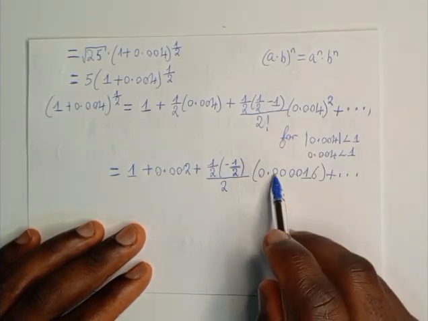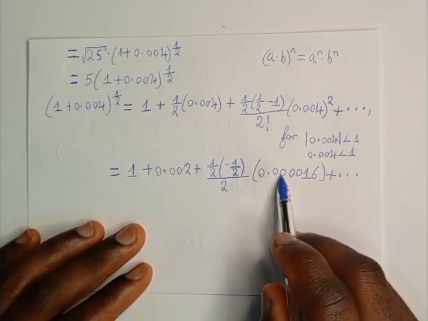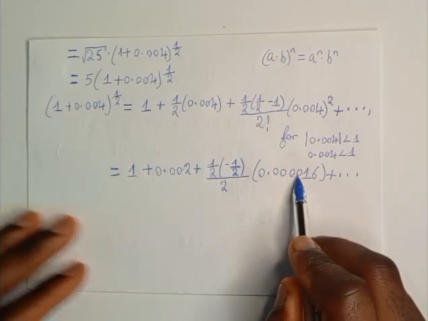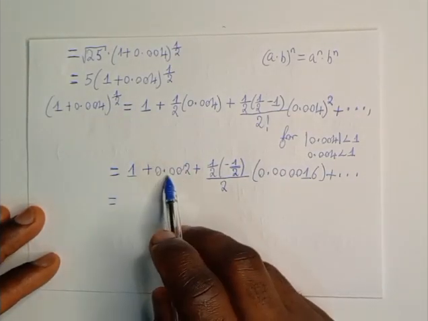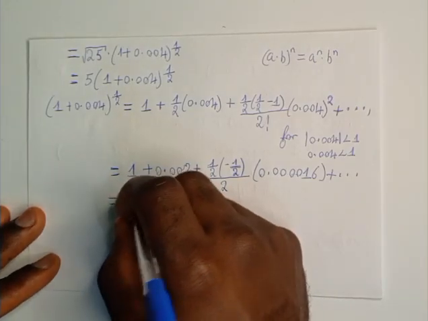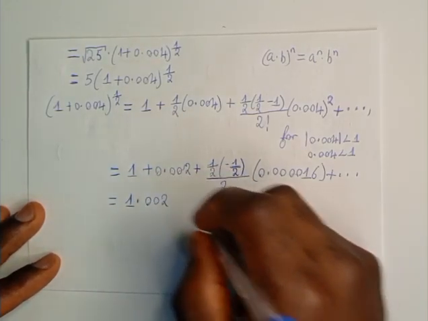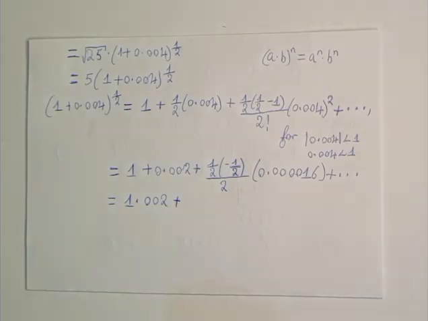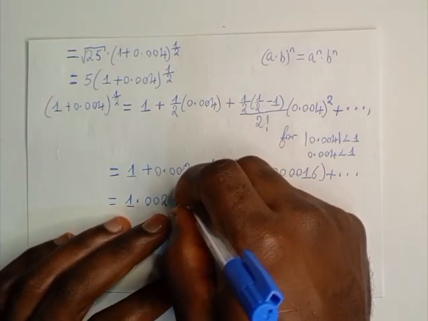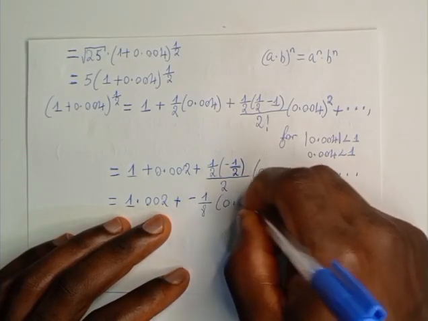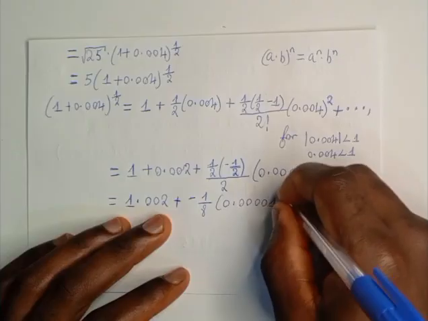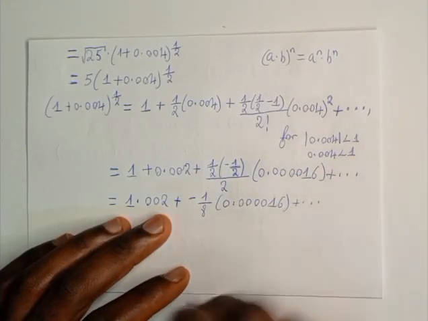You can see the number of zeros here, they are more than 4 decimal places. 1, 2, 3, 4, the number of zeros after the decimal point. This will simply be equal to 1 plus 0.002, which gives us 1.002, plus a half times negative a half, which gives us negative 1/4. Negative 1/4 divided by 2 gives us negative 1/8 times 0.00016, plus the 3 dots.